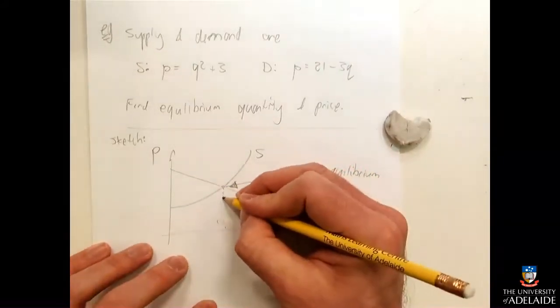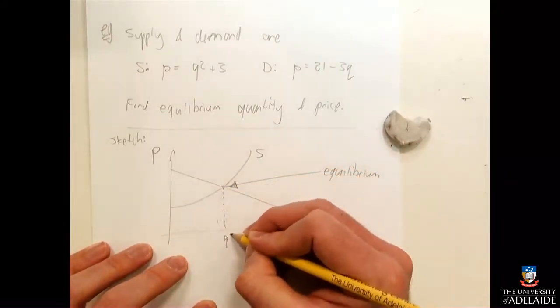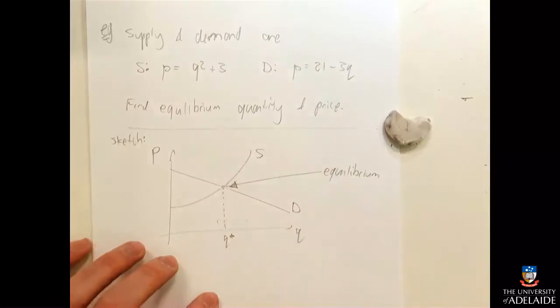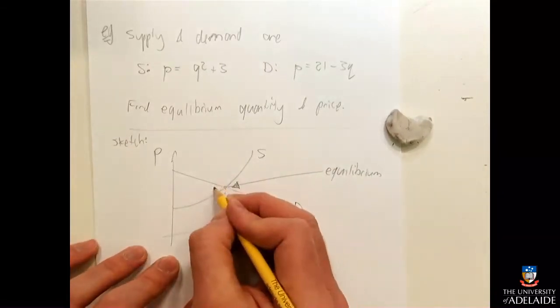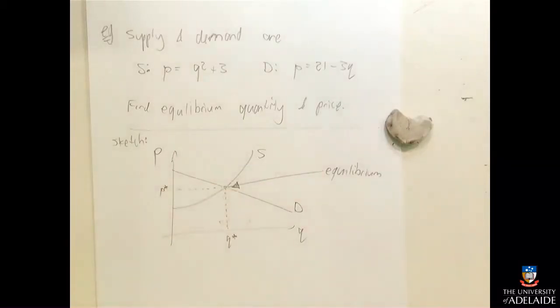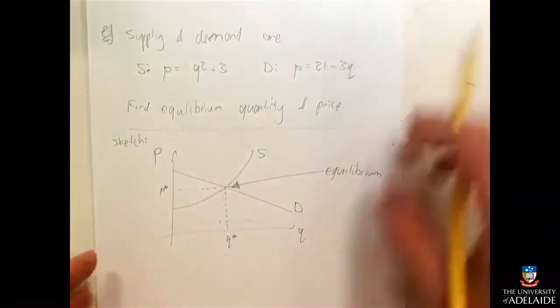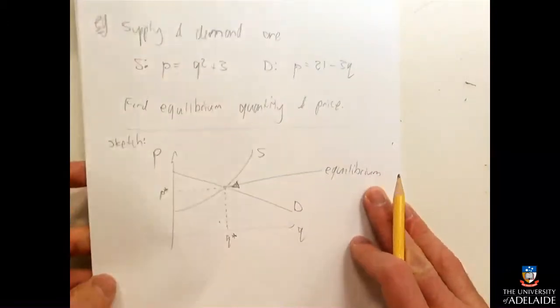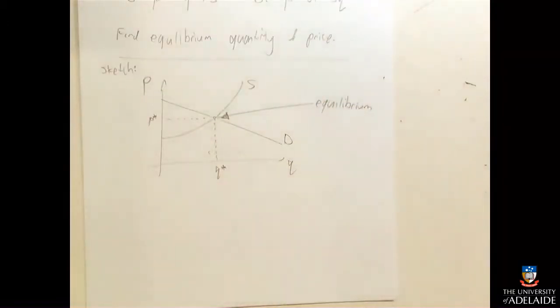And that equilibrium has a q coordinate, which I think is traditionally called q star, and a p coordinate, which is traditionally called p star. Okay. And that's the thing that we're looking for. So there we go.